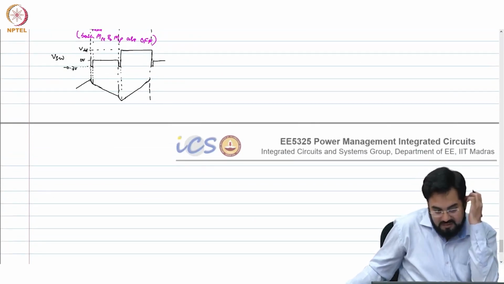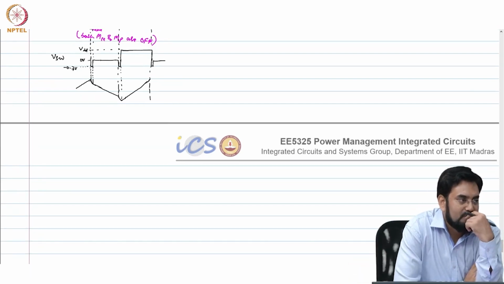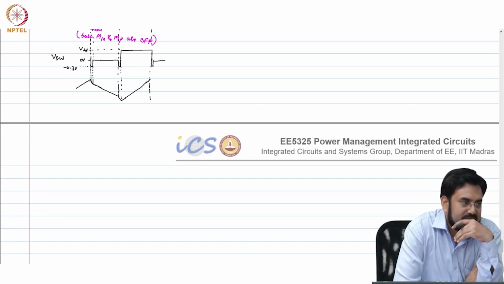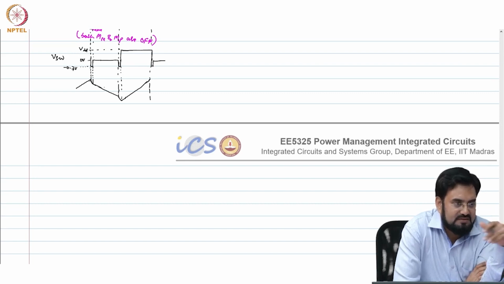So now, if I assume that this ripple is very small compared to the load current, then all these glitches and everything can be neglected.